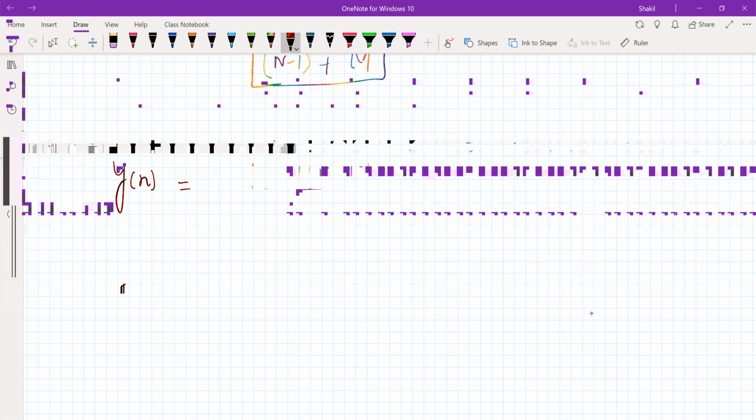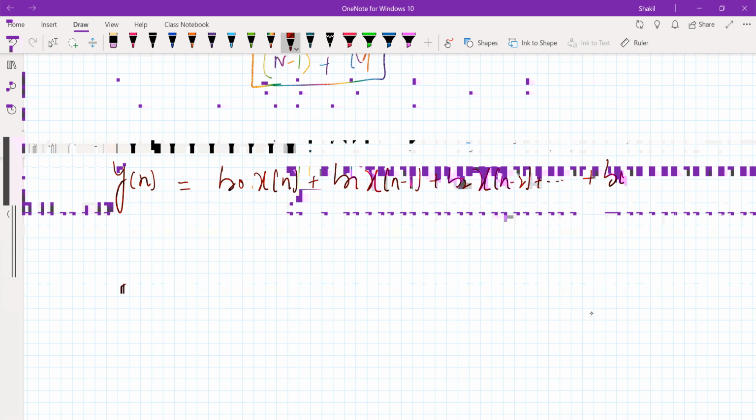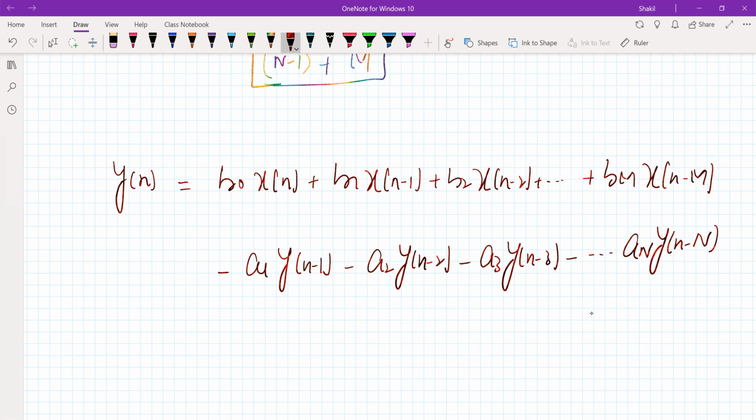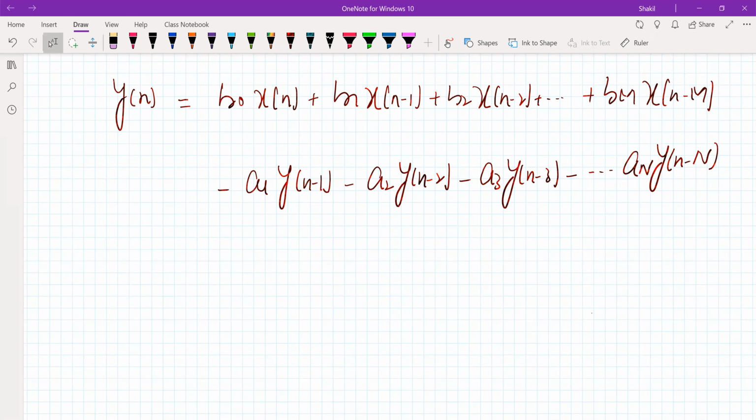Output is equal to b naught x of n plus b1 x of n minus 1 plus b2 x of n minus 2 plus so on up to bm x of n minus m minus, I'm transferring the previous outputs on this side, a2 y of n minus 2, a3 y of n minus 3, minus so on up to an y of n minus n, right? So this is our difference equation that we want to realize.